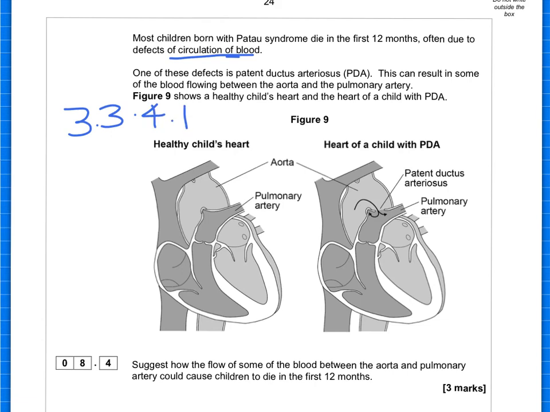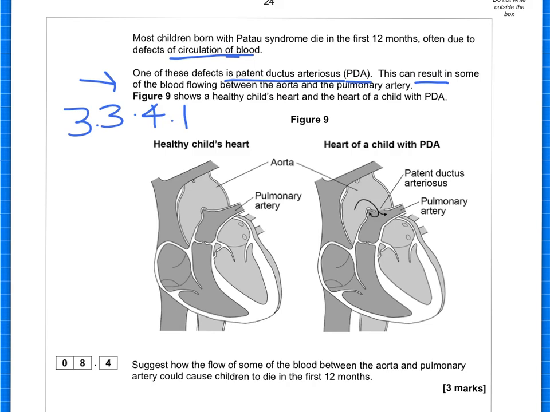It says one of these defects is patent ductus arteriosus, which is PDA. Again, would you know that? No, you would not. However, it tells you what it does, and it results in some of the blood flowing between the aorta and the pulmonary artery, which is bad news.